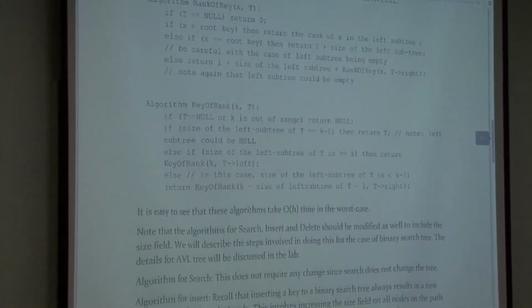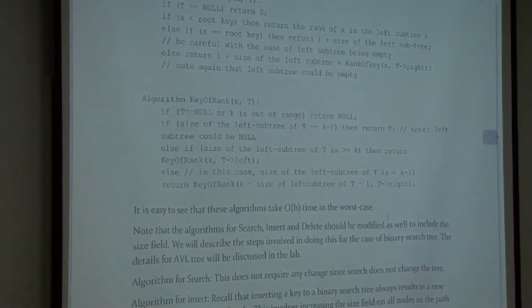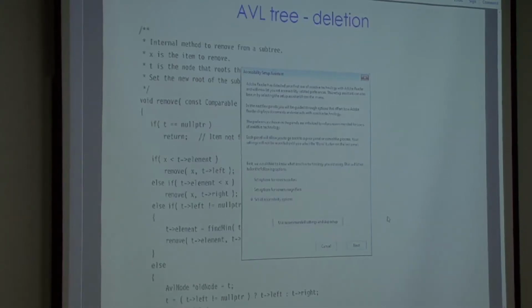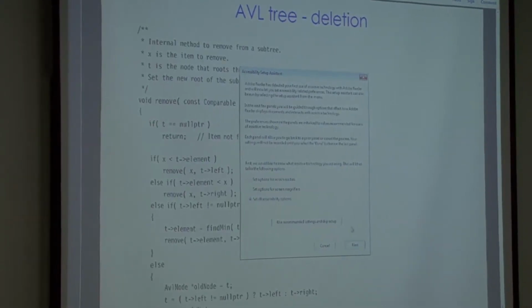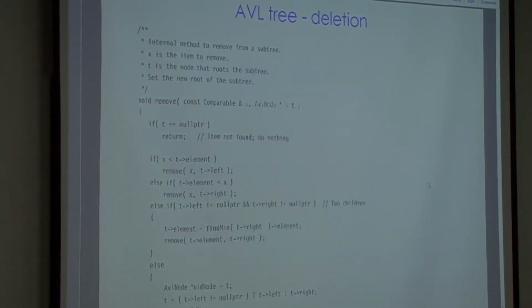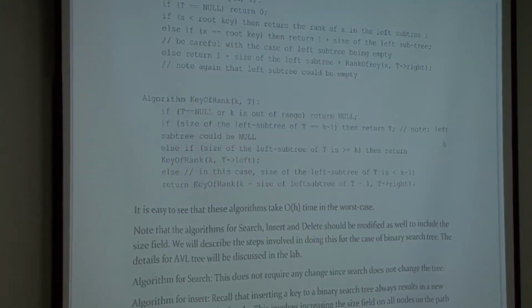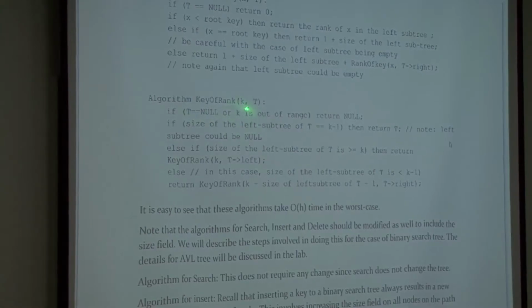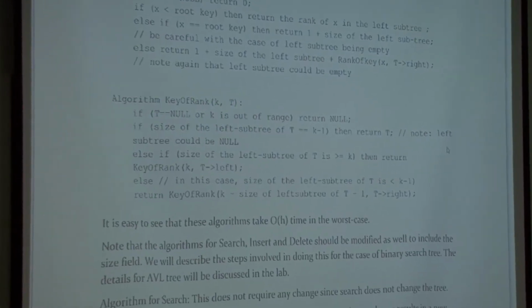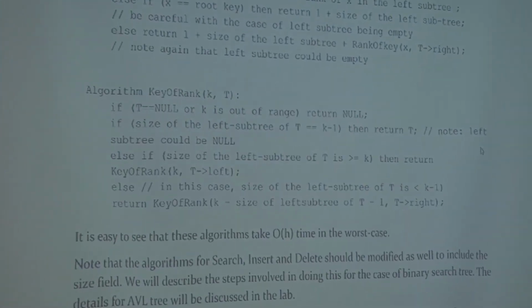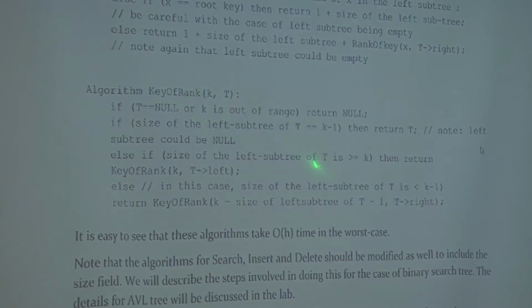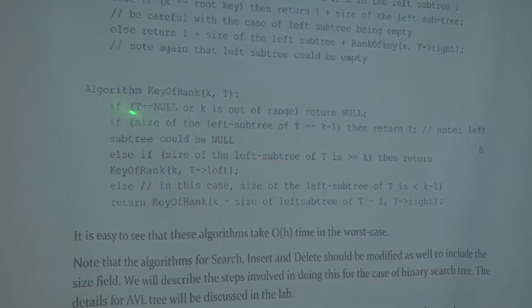It's clear. So key of rank k comma t. Sorry for the mix-up. I wrote t comma k there, but here it's k comma t. I hope it's clear.